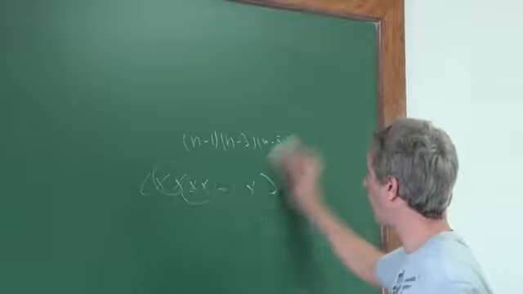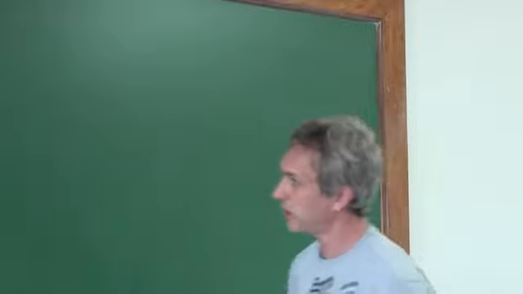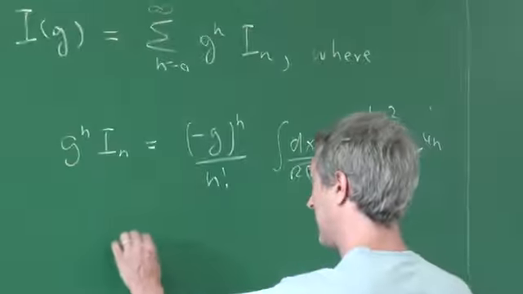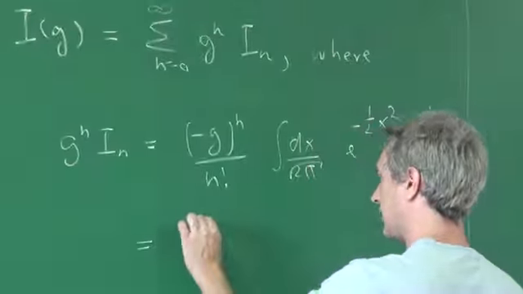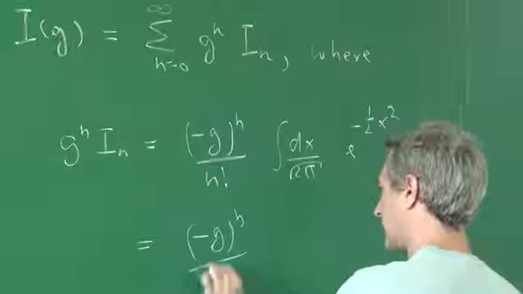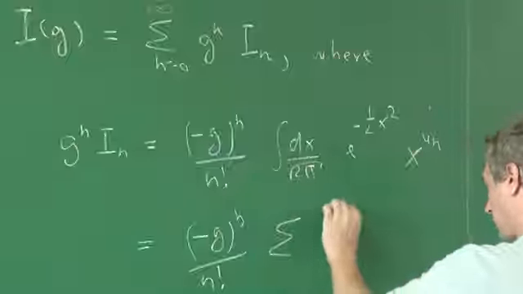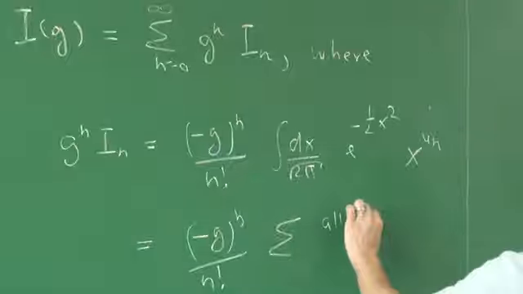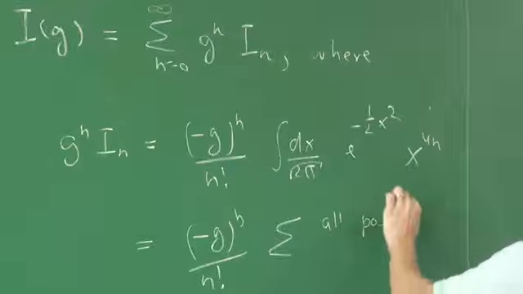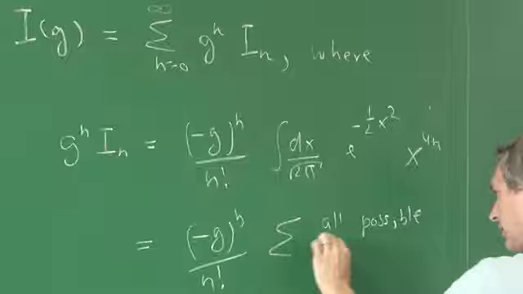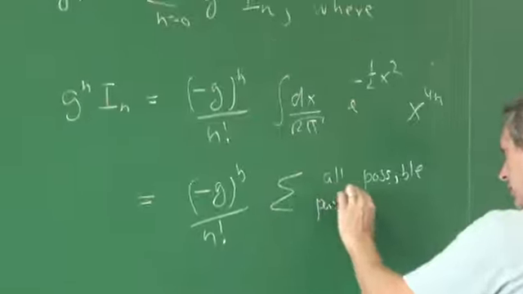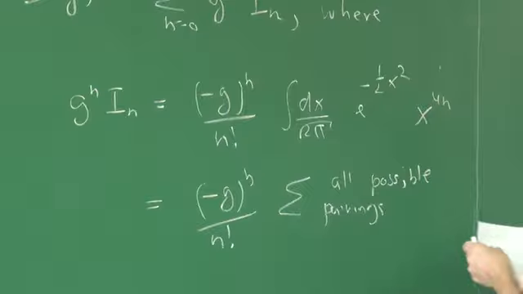Okay, so if we recall this rule here, we can readily see that this here is given by minus g to the n over n factorial, and then we have the sum over all possible pairings of these 4n objects.